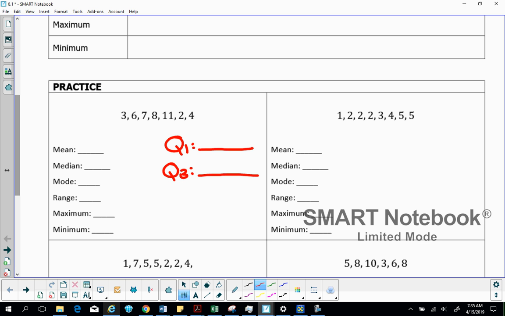This is the same one. Well, yes, that x with the line number is your mean.